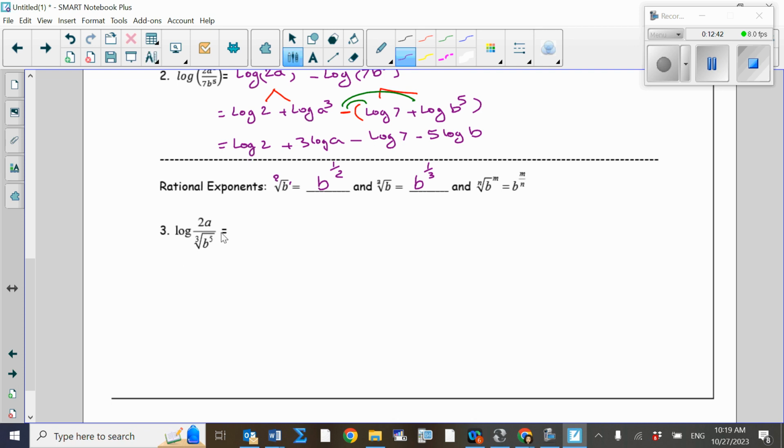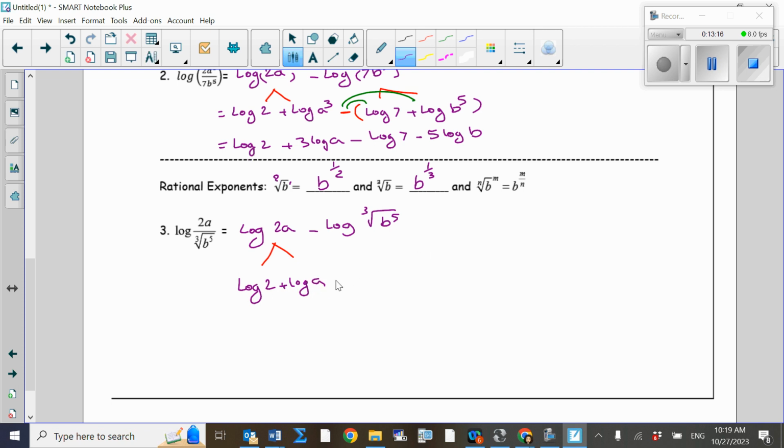So I want to expand this log. First of all, there is a division, so I can rewrite that as subtraction between two logs, difference of logs. So that's log of 2a, log of top, minus log of the bottom, which is third root of b to the power of 5. So I know this one can be expanded into sum of two logs. So log of 2 plus log of a.